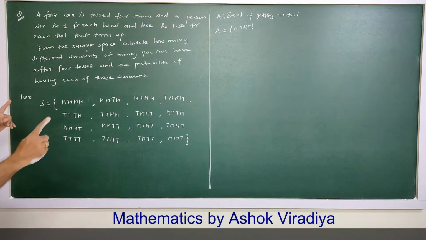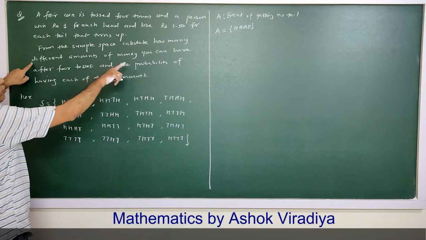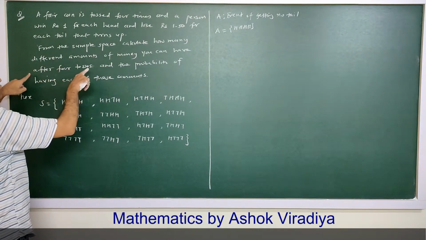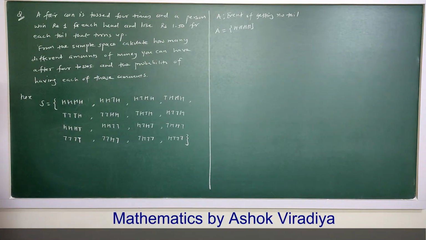See, the question is, calculate how many different amounts of money you can have after 4 tosses and the probability of having each of these amounts.